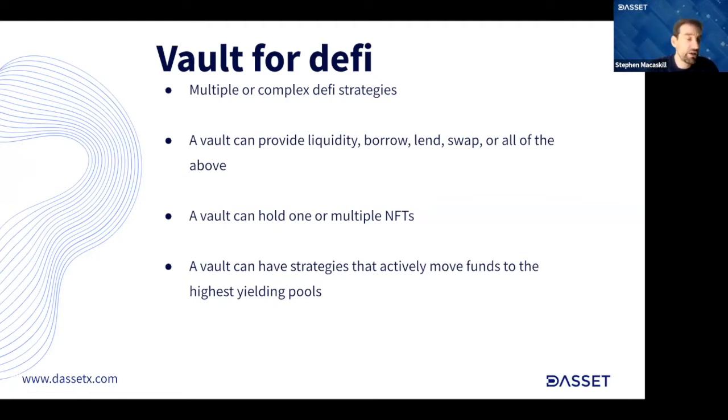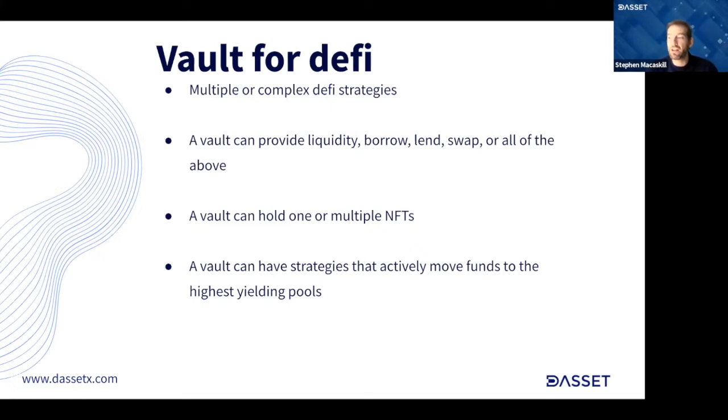Back in early 2020, you could only put liquidity in 1 or 2 liquidity pools, and these pools had different yields. One might have a yield of 20%, another 25%. So if you had stablecoin you wanted to put into these pools, you would have to manually pull it out of one pool or smart contract and manually put it into another to maximize your returns. What these vaults do, some of them, is automate that process.